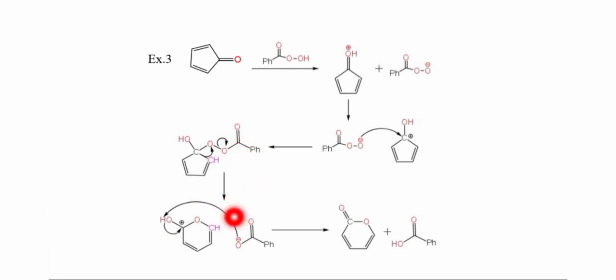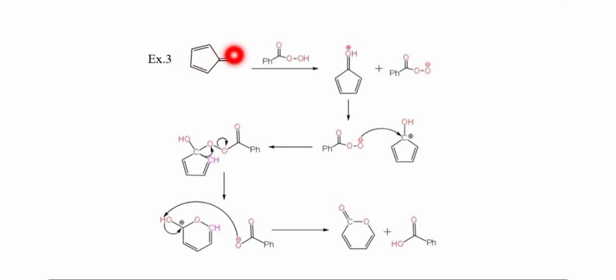Okay, and this O minus takes the proton, and because of this the electrons which remain on oxygen form a pi bond over here with the carbocation, and we get ester. Okay, this is also an ester, cyclic but ester. Okay, a cyclic ester, which we call a lactone.